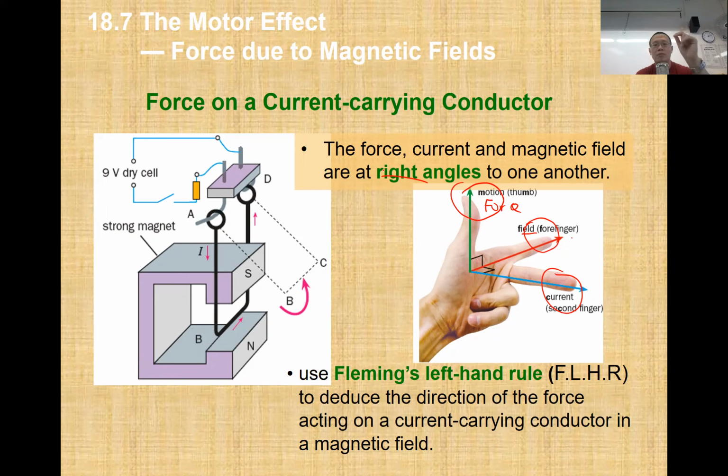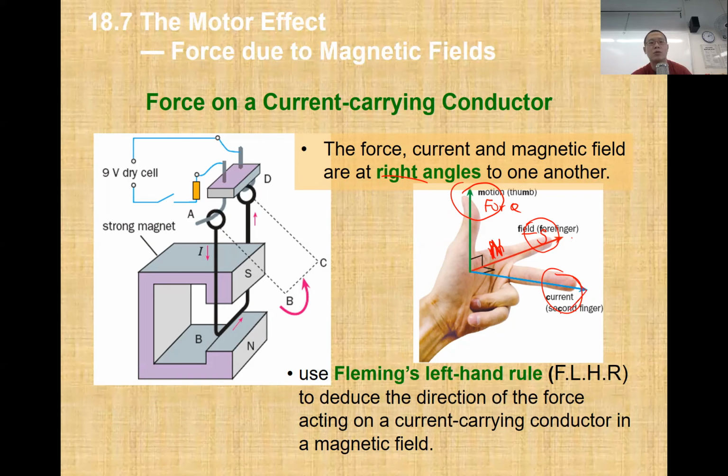Take note of the field line we mentioned here. The index finger, I mimic it to be north and south. Some people say that the index fingertip always points towards the south. The middle finger is the current direction, and the thumb is the force direction.